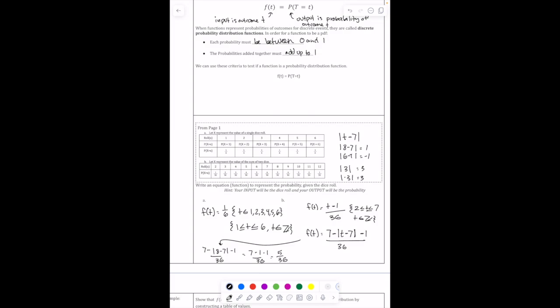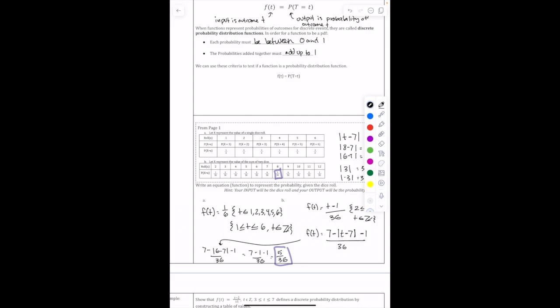I get 5 over 36, which is what we got earlier. The same would work if I did 6 instead of 8, because I want them to have the same value.